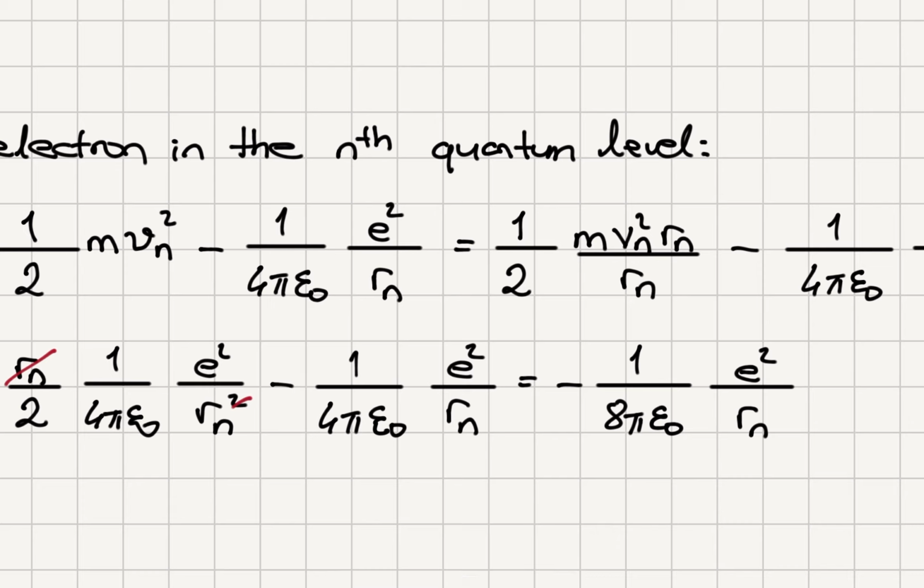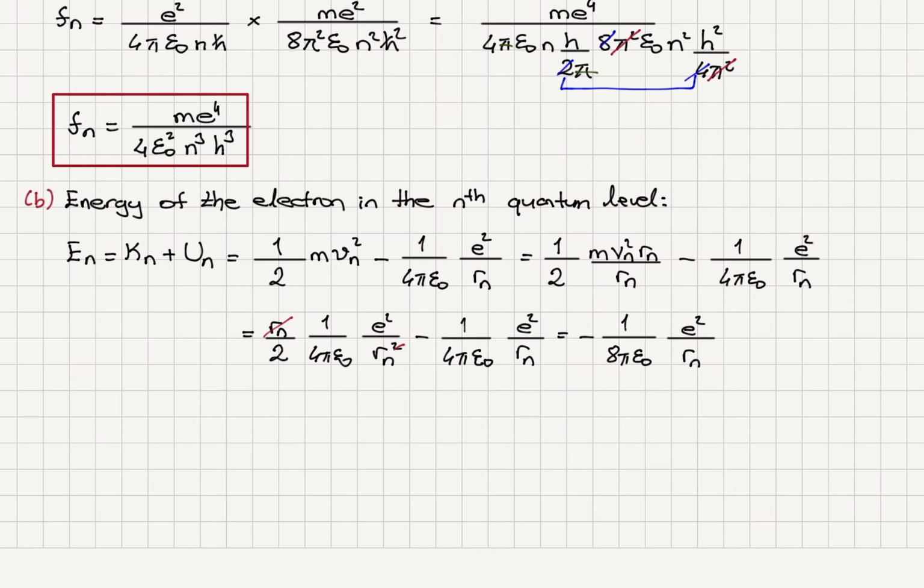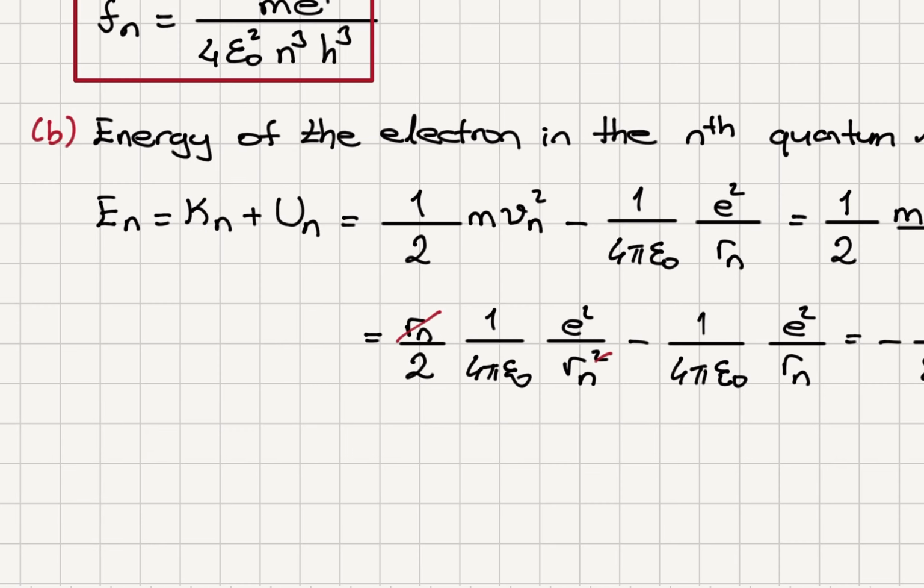Okay, so it's the potential energy divided by 2. That's basically what we're finding for the final total energy of the system. So E sub n is equal to minus e squared over 8 pi epsilon 0.